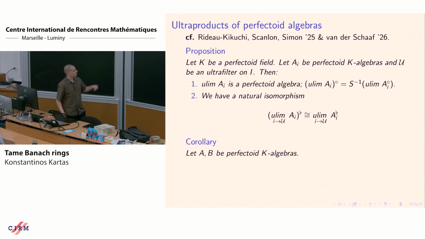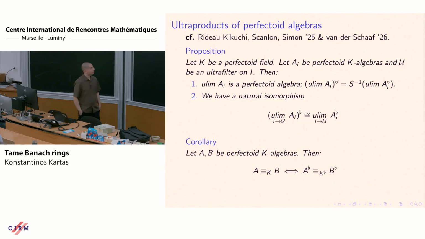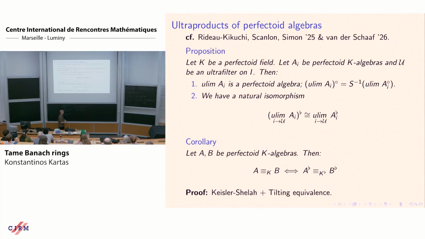Something else, which I'm not going to use later but thought might be interesting to mention, is that tilting preserves elementary equivalence even in the context of algebras. That essentially follows immediately from the previous fact and the tilting equivalence. By the way, this elementary equivalence is meant in some form of continuous logic, specifically unbounded continuous logic.